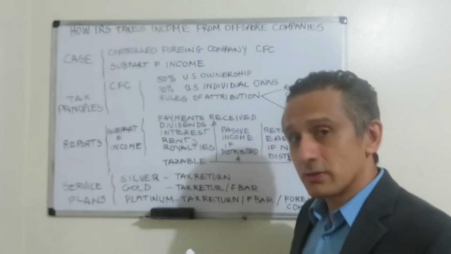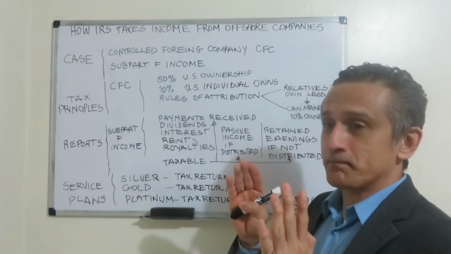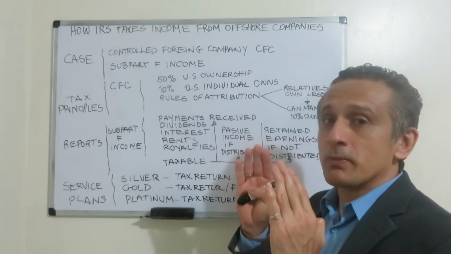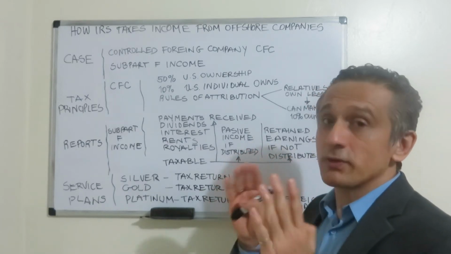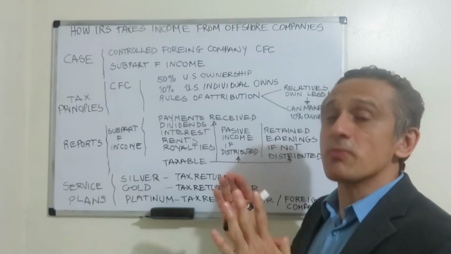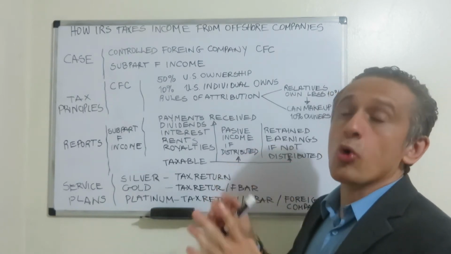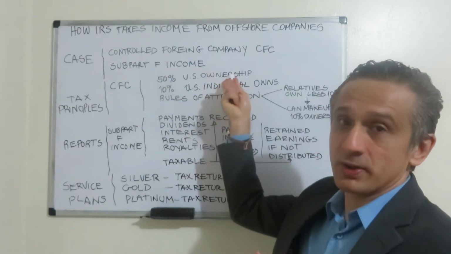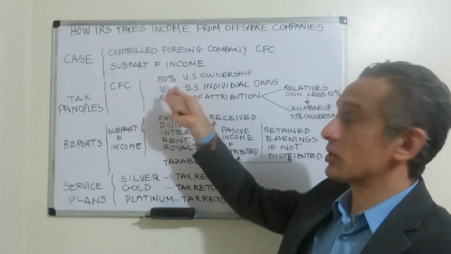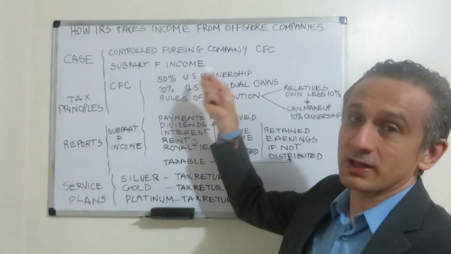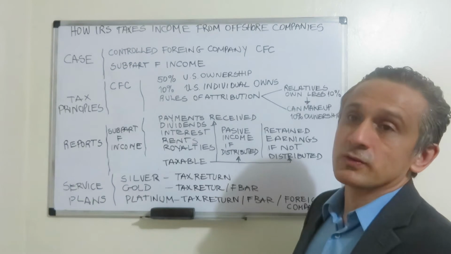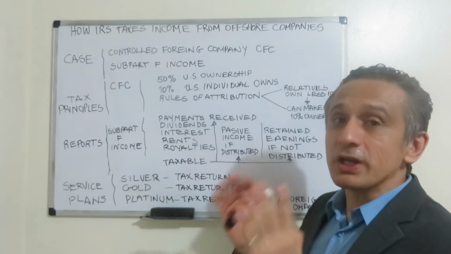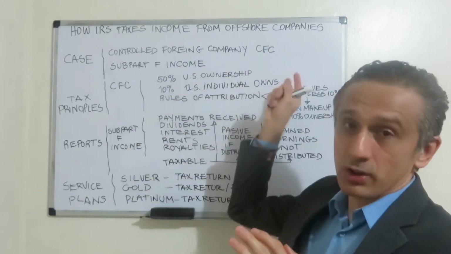In addition, for the classification of the Subpart F income, the owner of the company, or at least one of the owners of the company, should be a 10% stockholder or more. Whenever those two elements, the 50% ownership of the company by U.S. citizens and 10% ownership by one single U.S. citizen, are present, those two conditions create the concept of controlled foreign company.